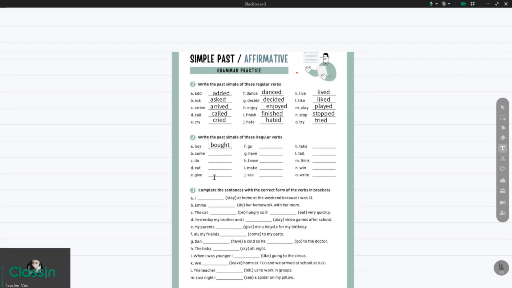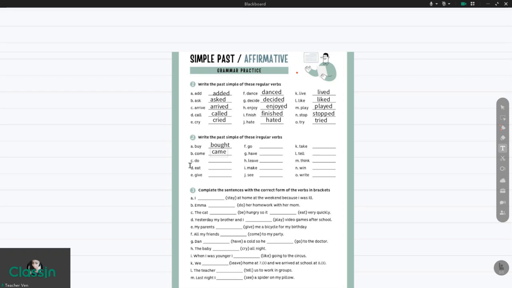So yes, you have to notice with irregular verbs, the spelling changes a lot. Unlike with your regular verbs, you usually just have to add ed or letter d and that's it. But for irregular verbs, the spelling really changes, right? Okay, for our letter B, what is our past simple tense for come? It becomes came, right?